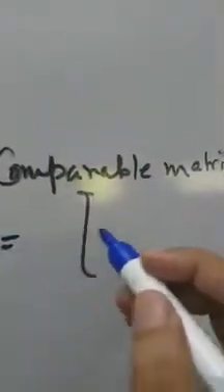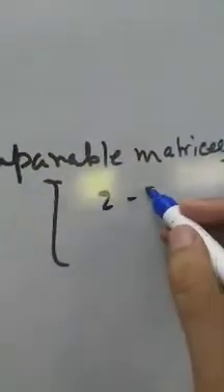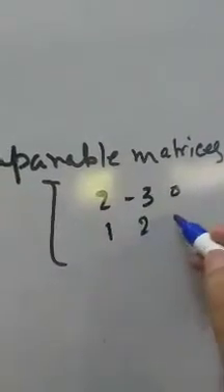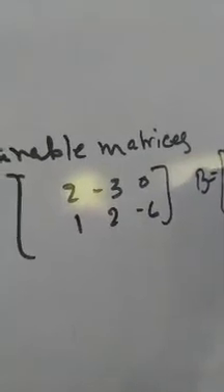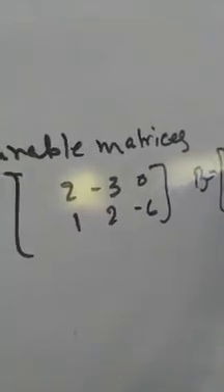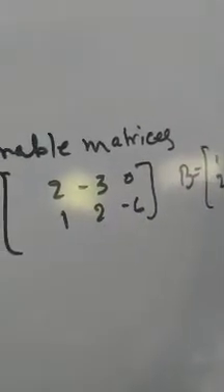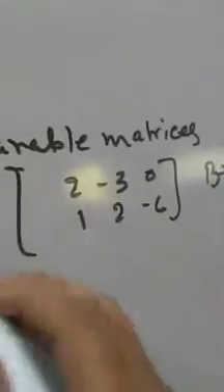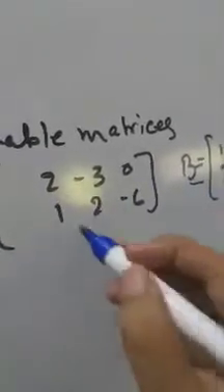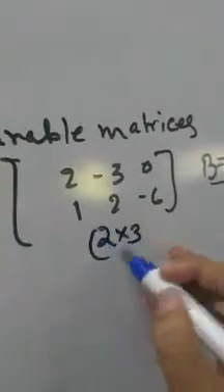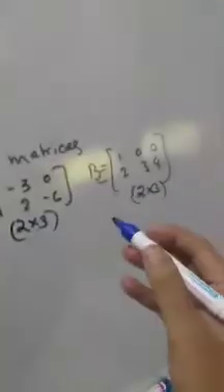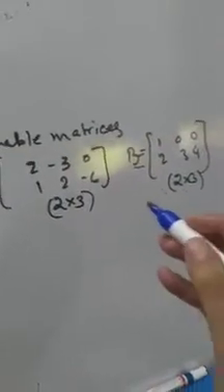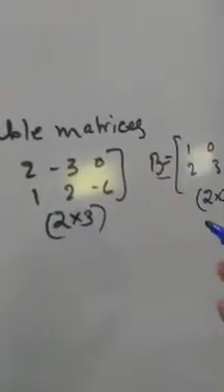Suppose A is equal to 2, minus 3, 0, 1, 2, minus 6 and B is equal to 1, 0, 0, 2, 3, 4, anything I have written. So you can compare A and B. It is comparable because A is a 2 by 3 matrix and B is also a 2 by 3 matrix. So matrices can be compared if both are of the same order.